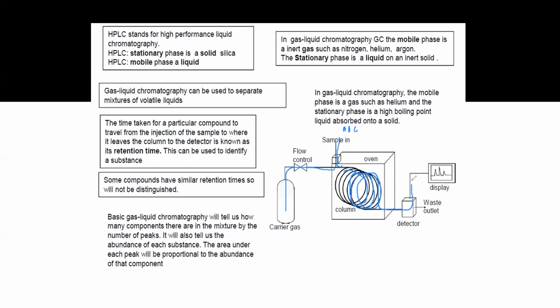So if B is attracted more towards the mobile phase, we first collect B, then, for example, C, and then A. The intensity of these peaks shows how much of each is present in the sample, and the difference between them is known as the retention time, the time interval for collecting the two.